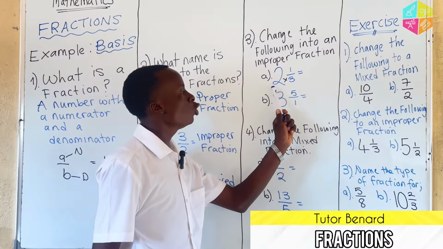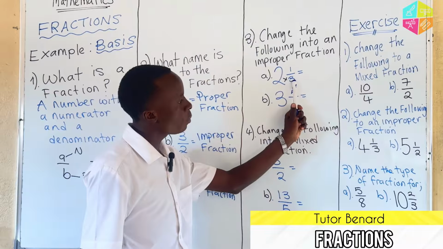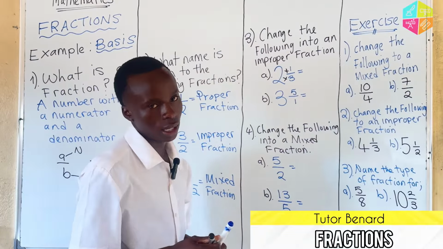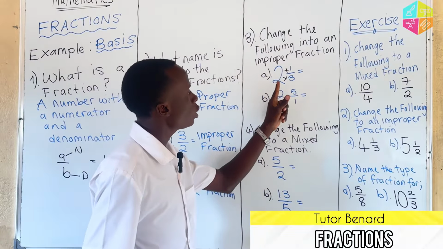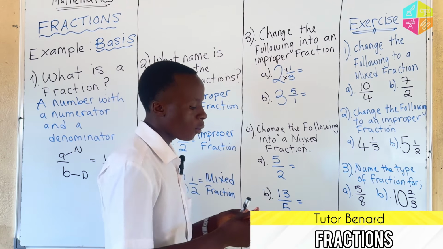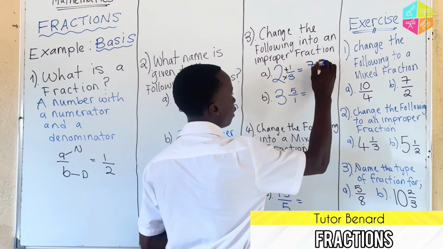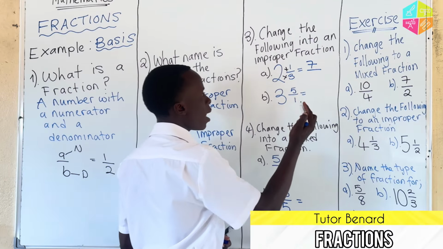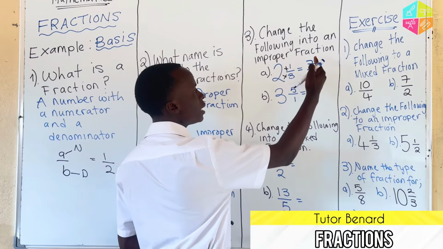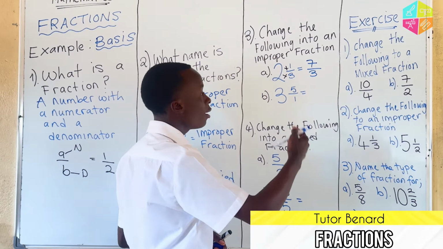When you say 2 times 3, it gives us 6. And then 6 plus 1 gives us 7. So it will be 7 over the same denominator, which is 3. This is what we call an improper fraction.